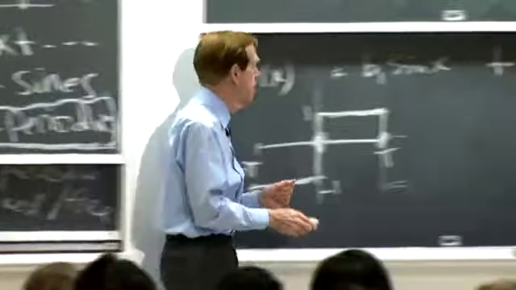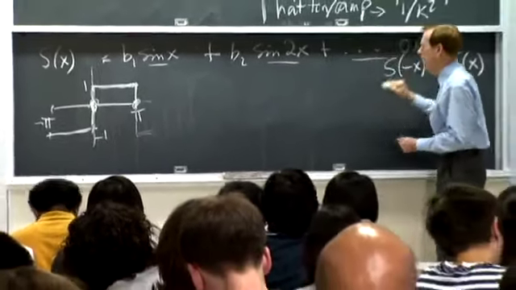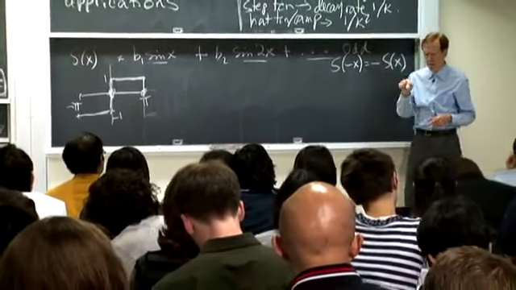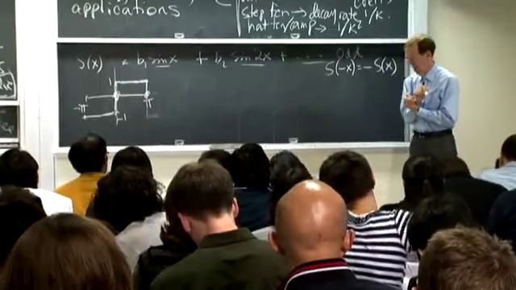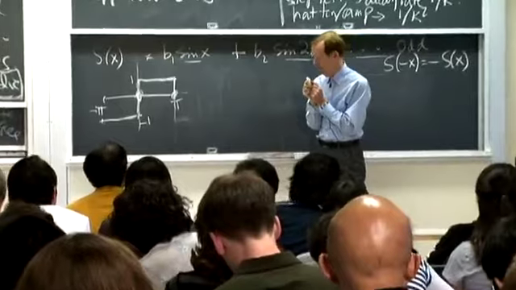The key point is that all these sine functions, sine 2x, sine 3x, sine 4x, are orthogonal. Now, what do I mean by two functions being orthogonal?